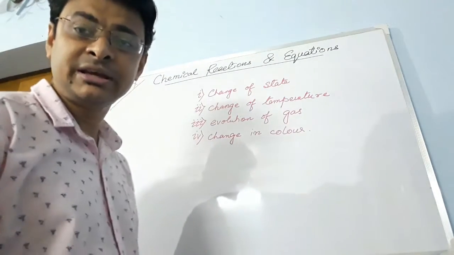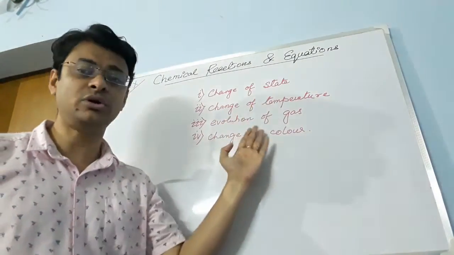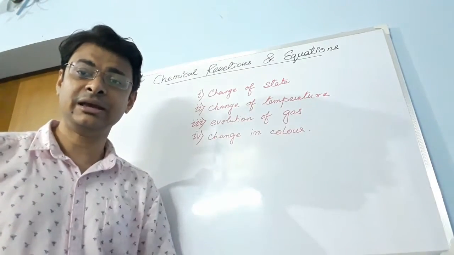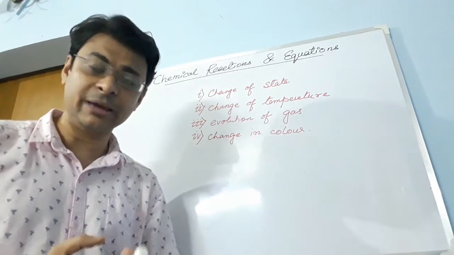So students, if any of these four phenomena is happening in a reaction, we call it a chemical change.